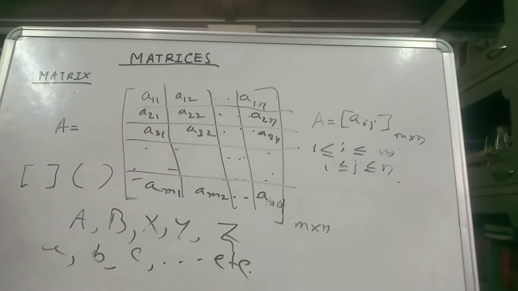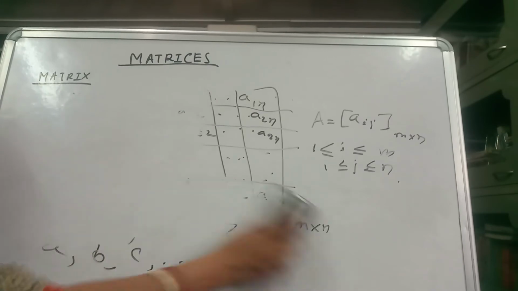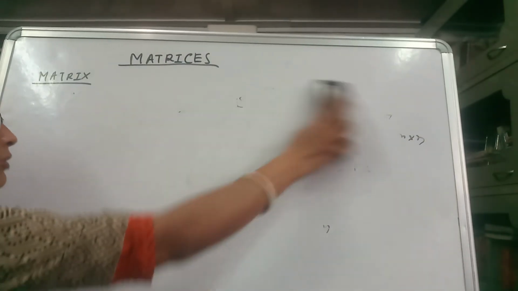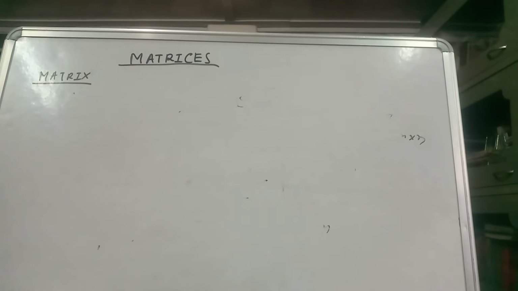Now we will see a very small example to find the order of a matrix and the elements of the matrix.